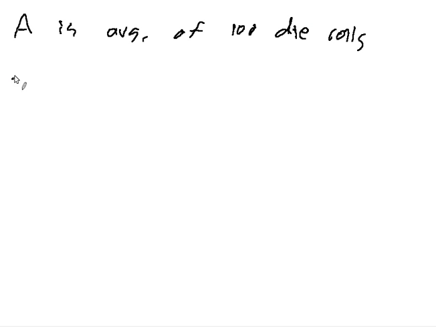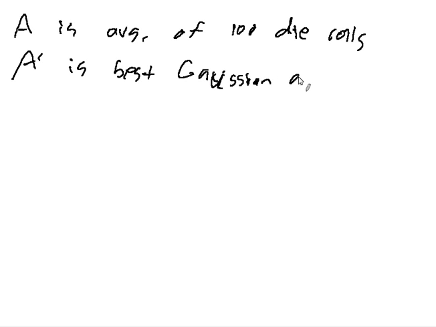In part 2 of problem 1, we're told that we've made 100 die rolls, taken their average and called it A. Called the best Gaussian or normal approximation to A prime. So remember from part 1, we know that A is approximately normally distributed.